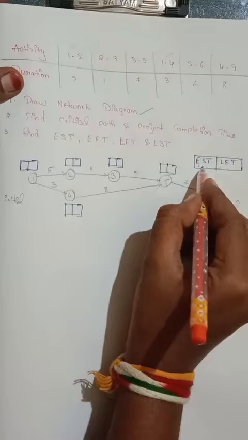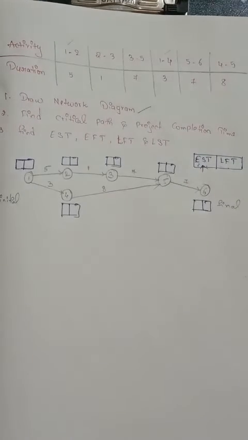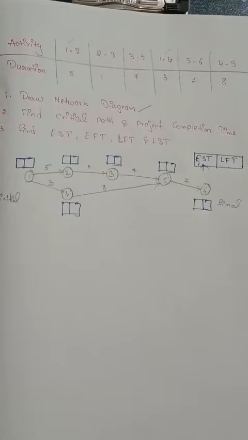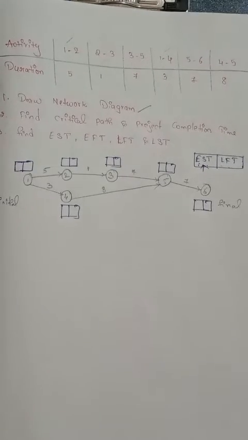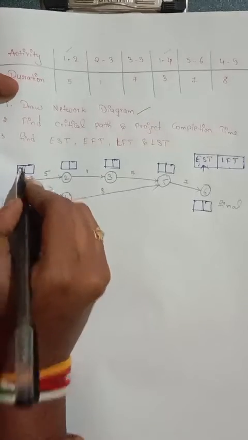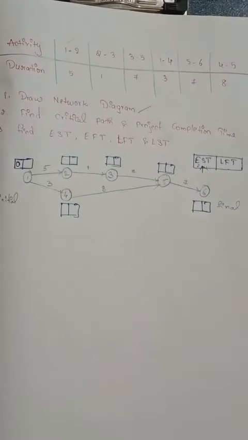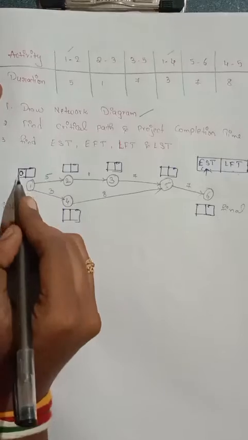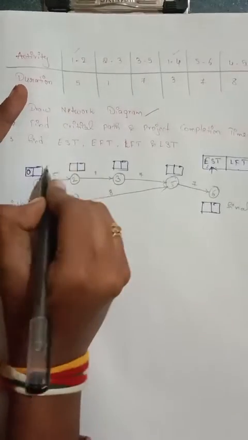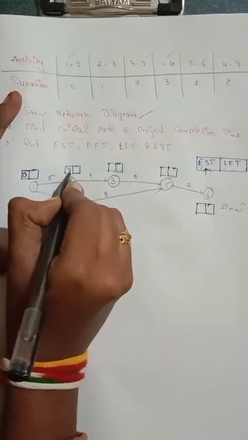Now first write the EST values. For the initial node the EST is 0, guys. The initial value is 0. From here just add the duration value, that is 0 plus 5, it is 5.